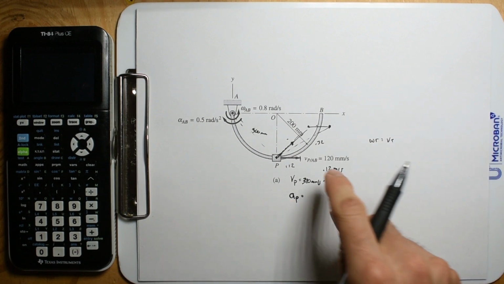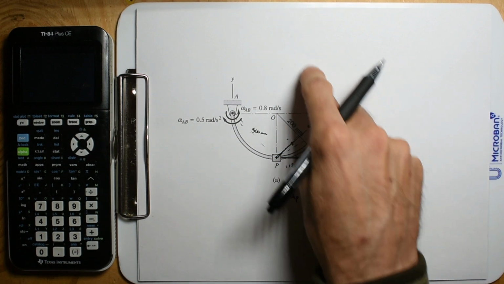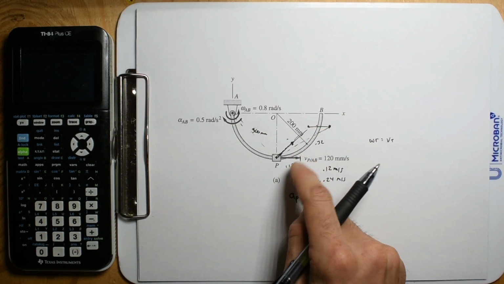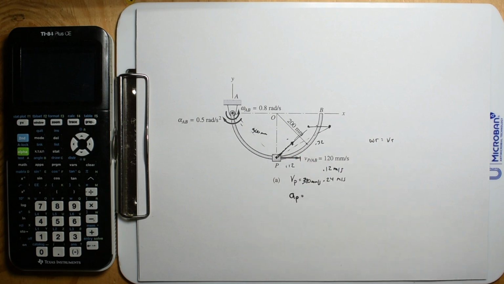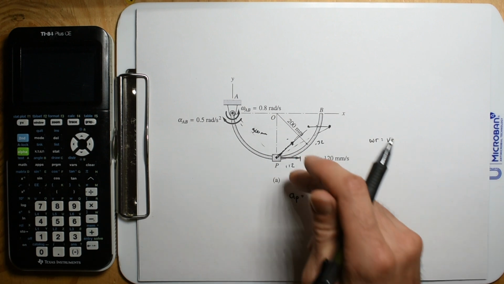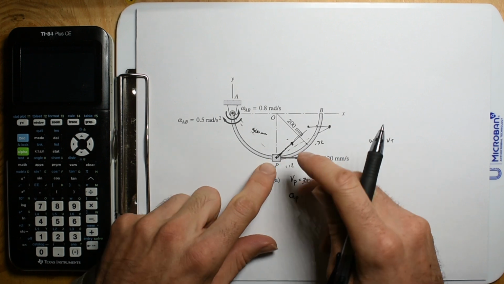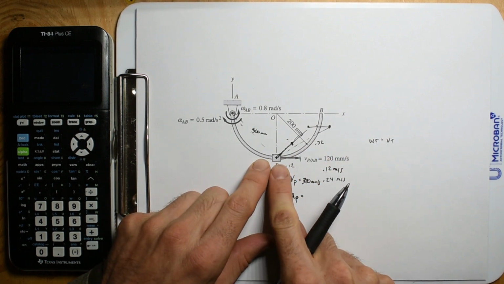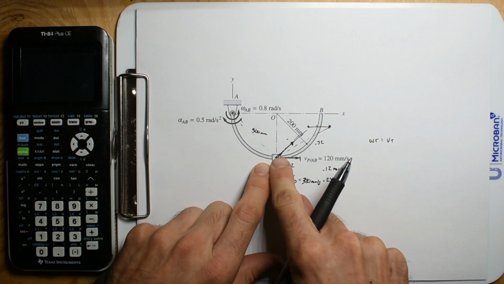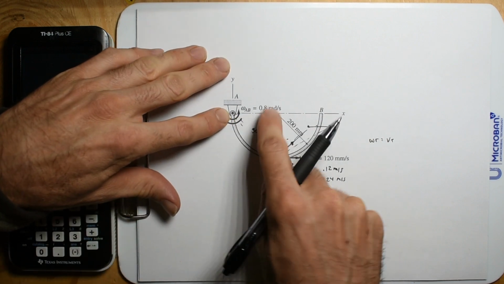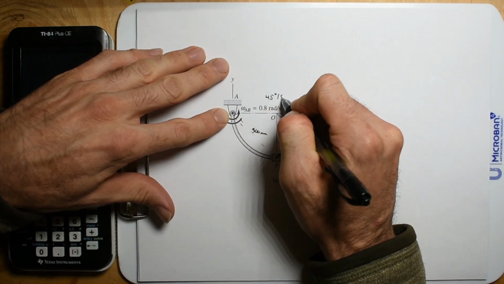But what I want to do is figure out another way to get the velocity, and this might actually help us get the acceleration as well. The other thing that we can do is say this is going 45 degrees every second.